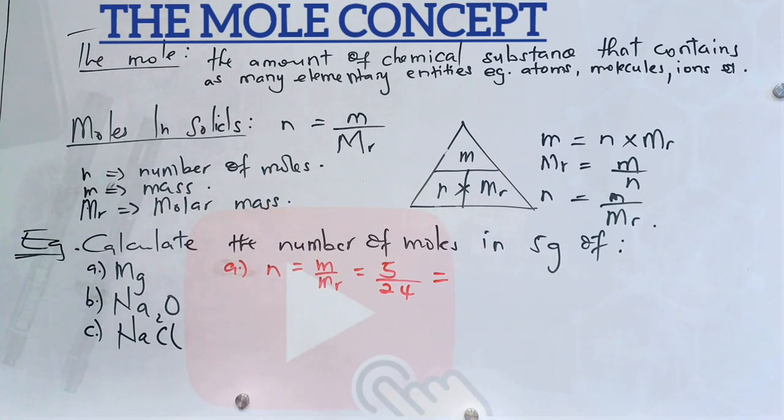You can leave it like that, or express it as a decimal by dividing 5 by 24. The answer is 0.21 moles.